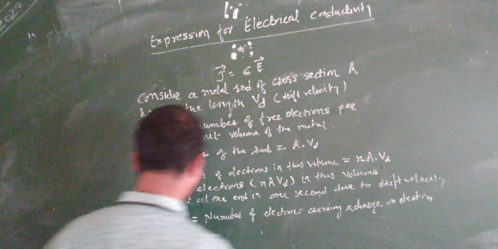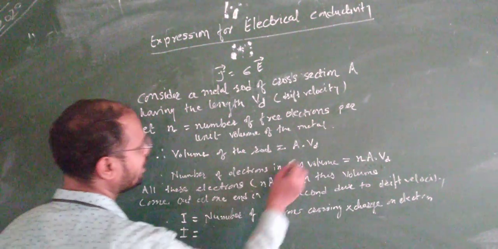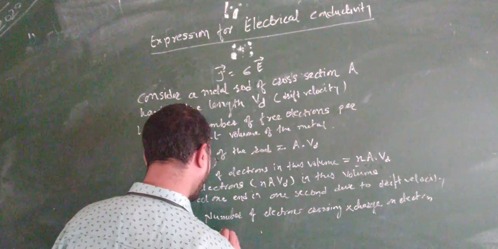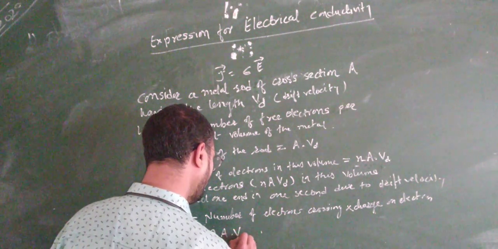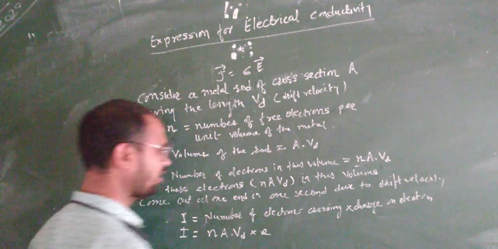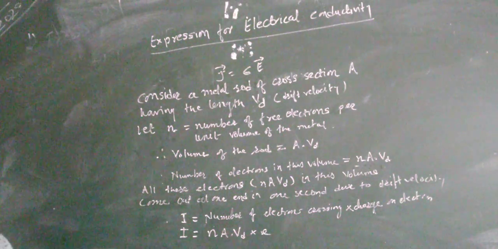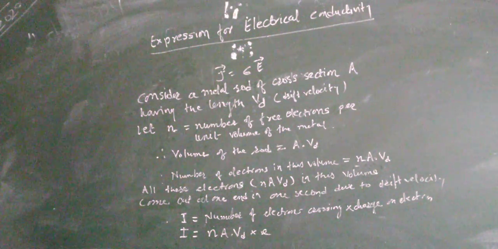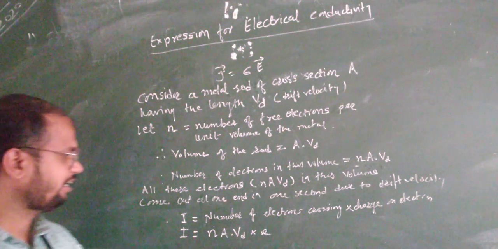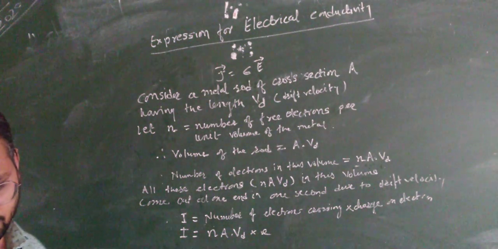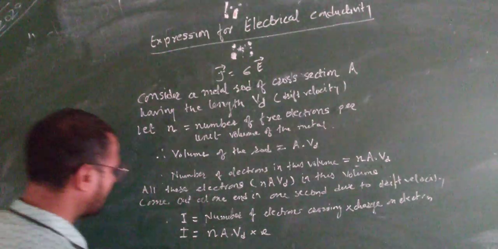So we get I is equal to n A Vd into the electronic charge e. That is nAVd into e.